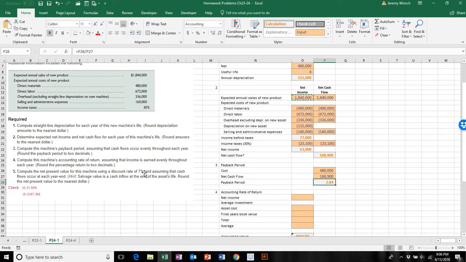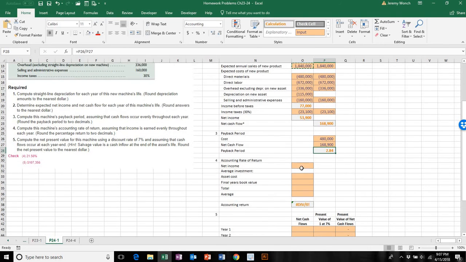All right, and so for number 4, we calculate the accounting rate of return. For that, we just take the net income, that's $53.9, divided by our average investment.